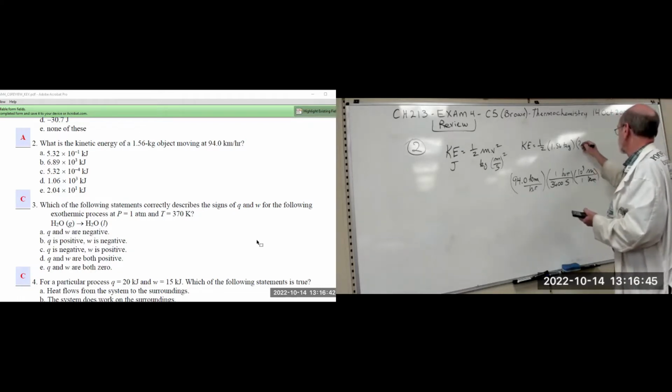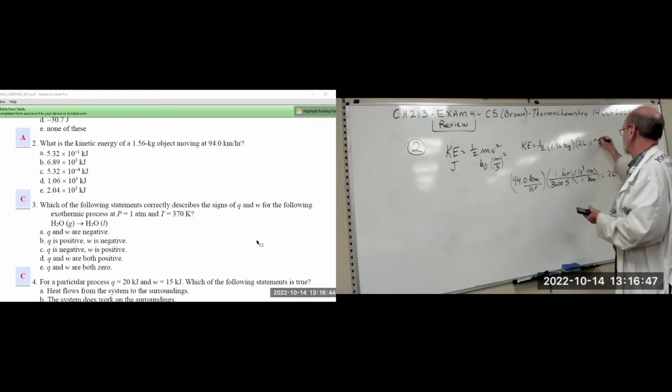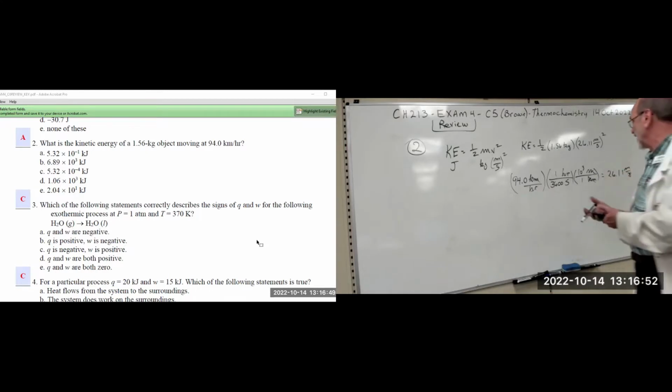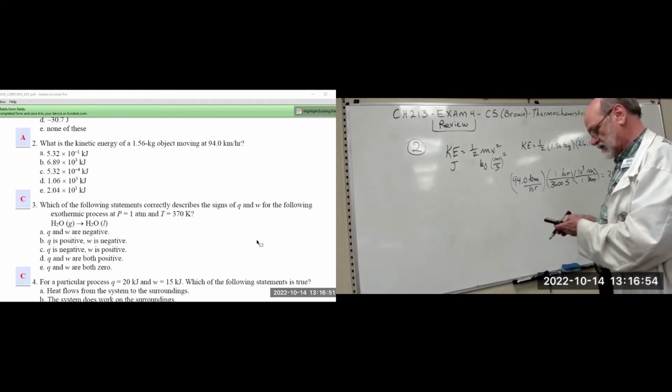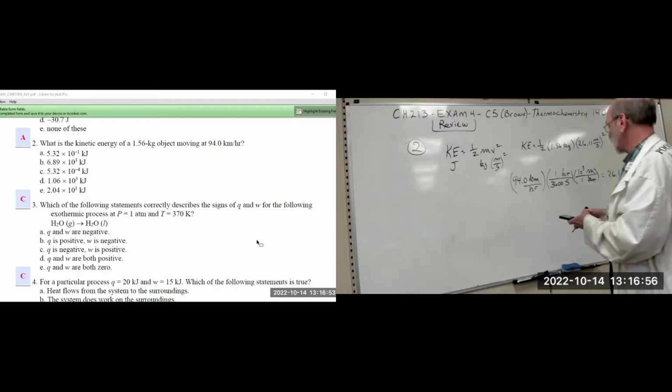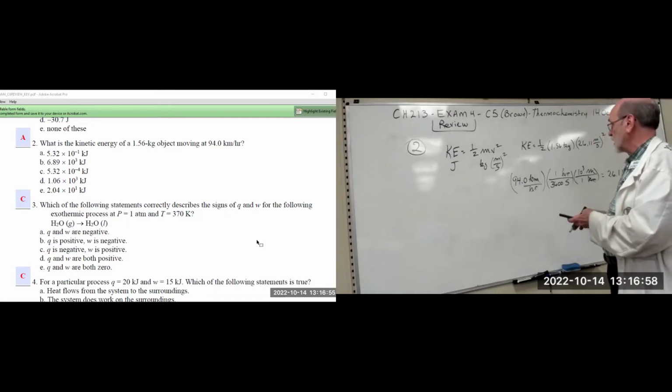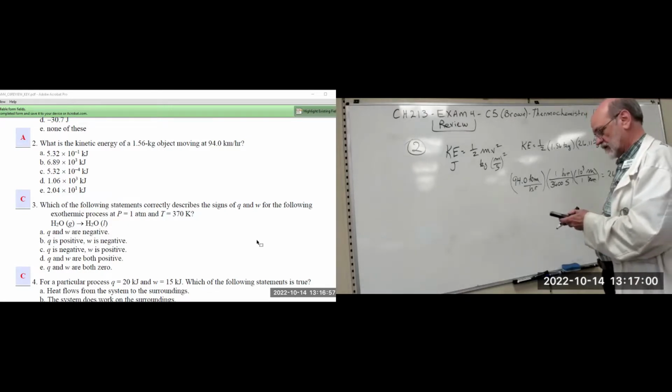Okay, 26.11 meters per second squared. So let's square that value and then multiply it by 1.56 and then take half of it.